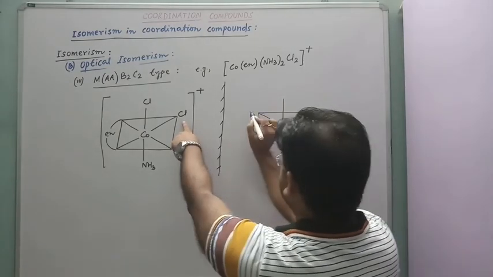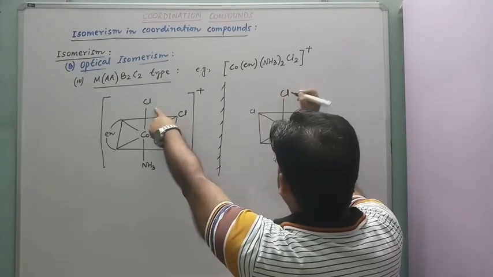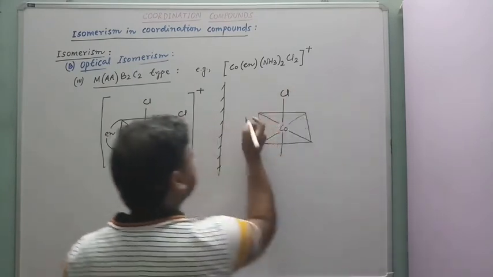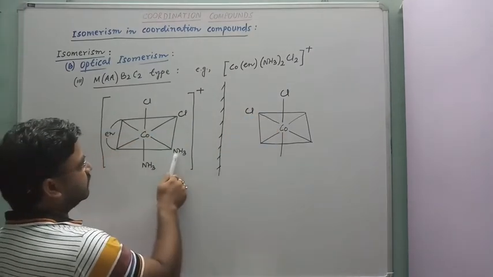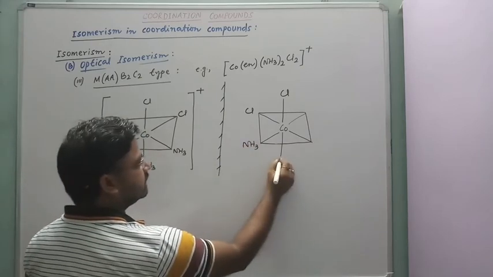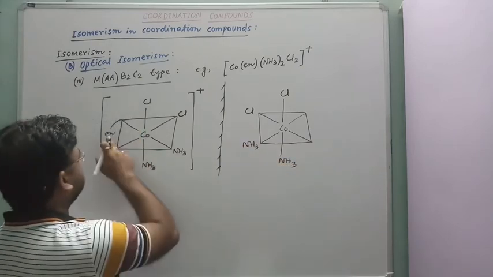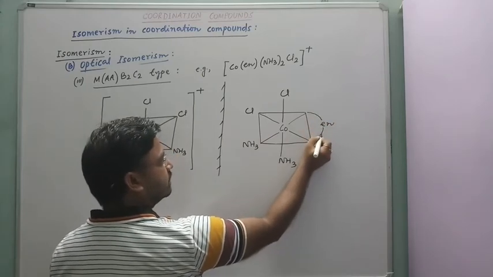So this chlorine comes over here, this chlorine, this NH3 in this position, this NH3 in this position, en ethylene diamine in this position.